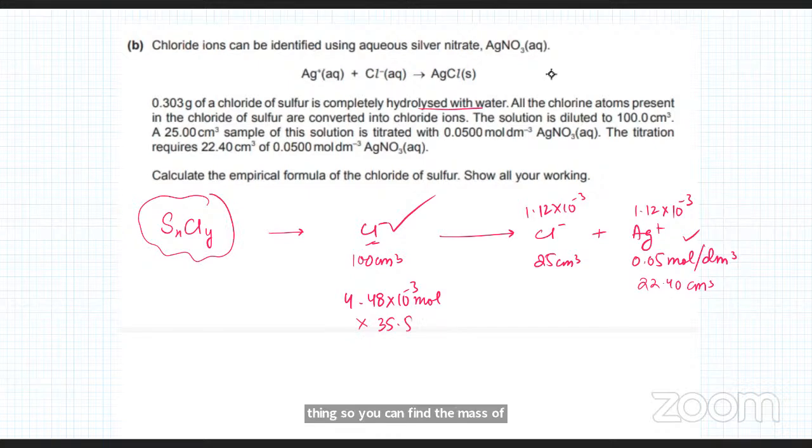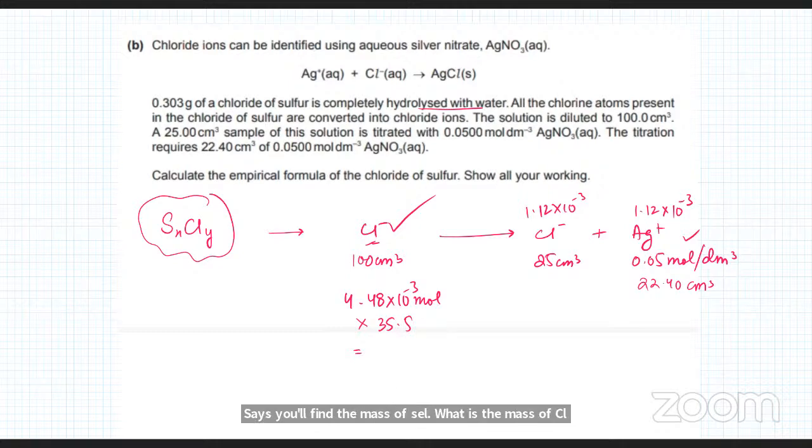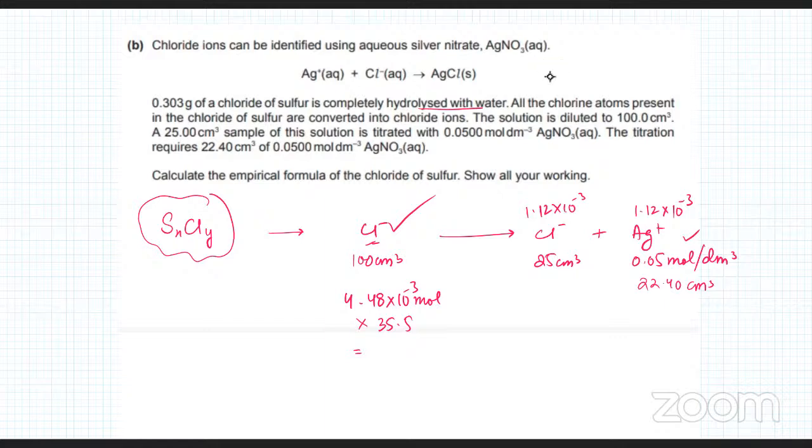Multiply by 35.5, the Ar, and you'll find the mass of Cl. What is the mass of Cl? Let's say 0.16 grams.